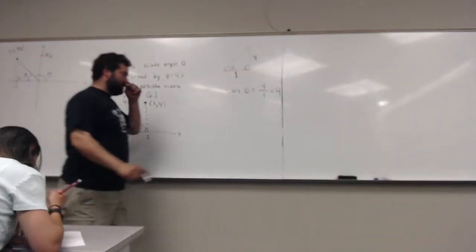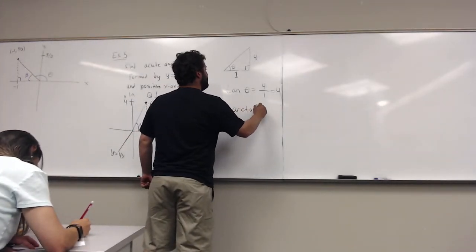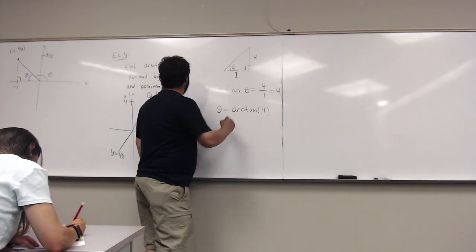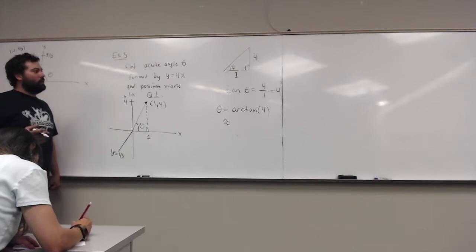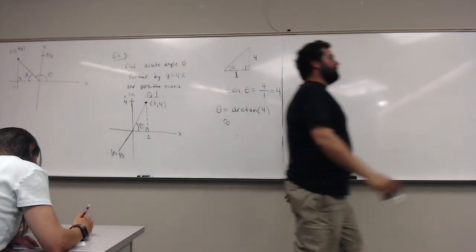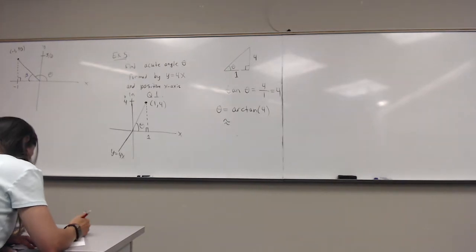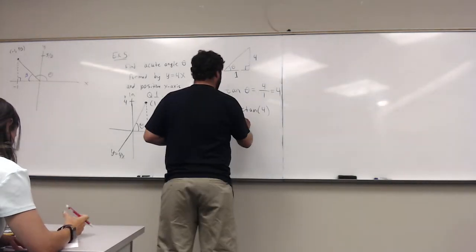And then theta is going to be arctangent of 4 if we convert to the inverse function. Did the question actually ask for degrees or radians? No, but let's stick with degrees because I think that's what they're mostly using in these sections. You get 75.96.